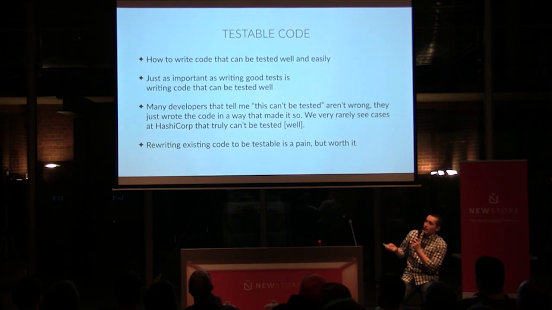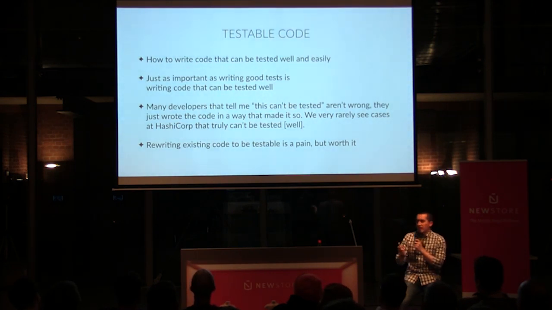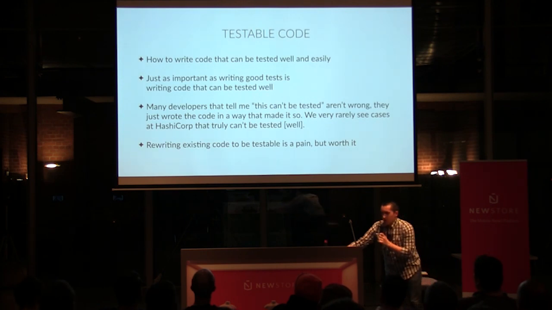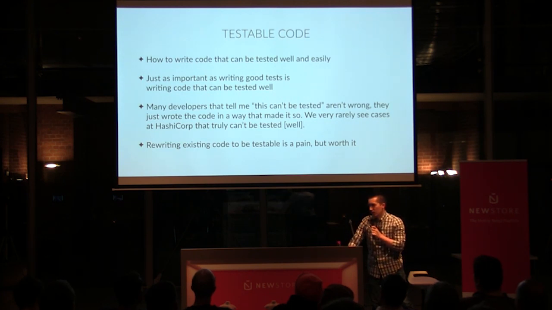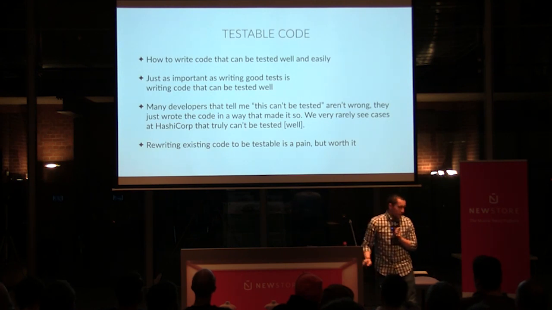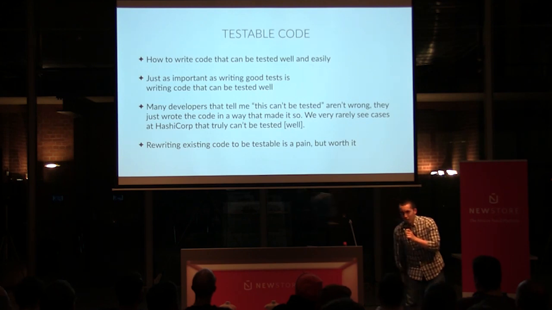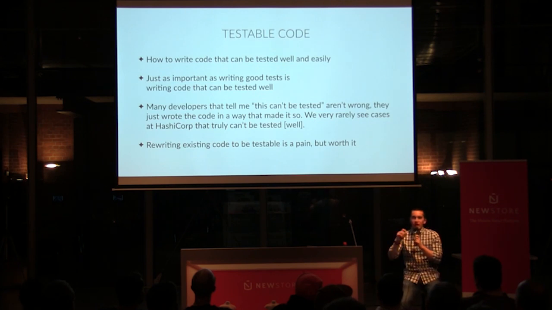And then for testable code, it's just as important as how you test it. A lot of developers, especially new hires at HashiCorp that we talk to, will write something and I'll ask for the tests. They'll say, oh, I tested part of it, but I didn't test all of it because you can't. And I look at it, and they're not wrong that they can't test it right now, but it's only because of the way they wrote it, not because the concept itself can't be tested.